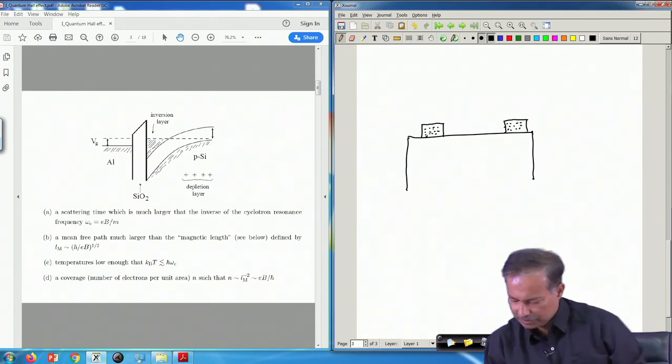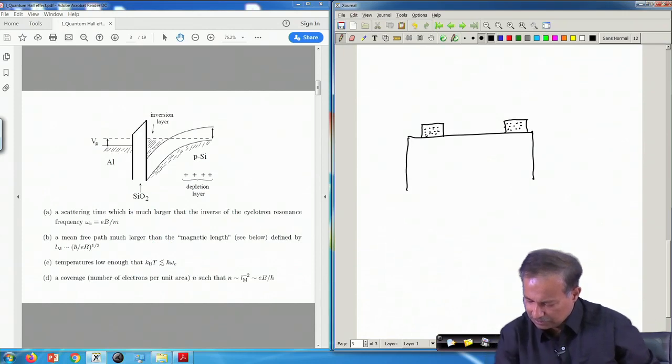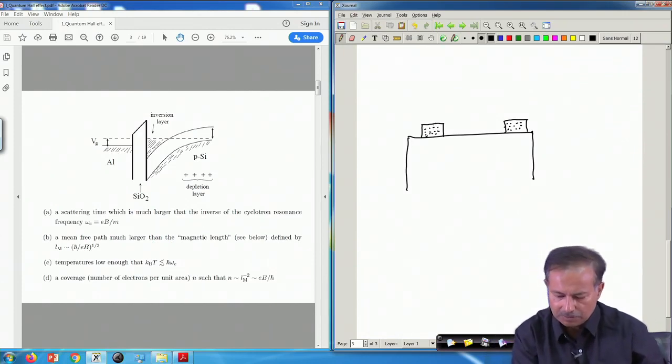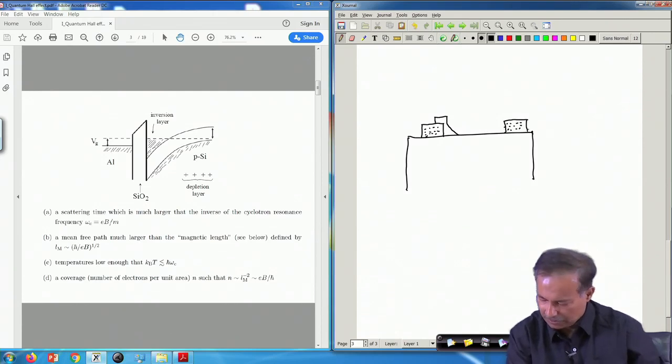This is a MOSFET geometry, MOSFET configuration, and there is a source and there is a drain here.